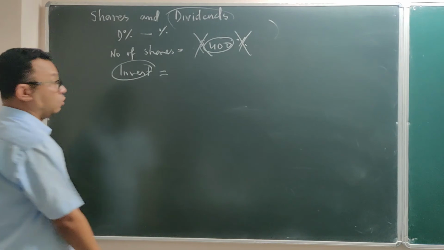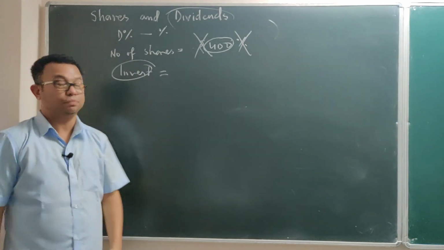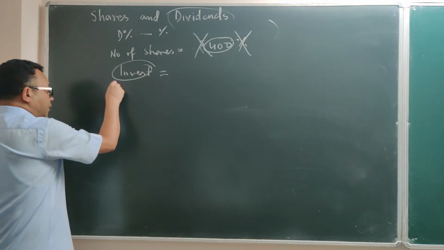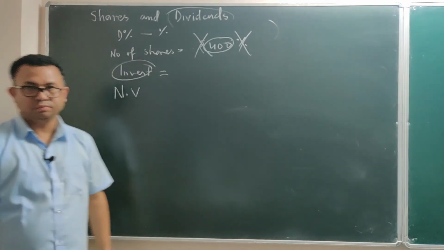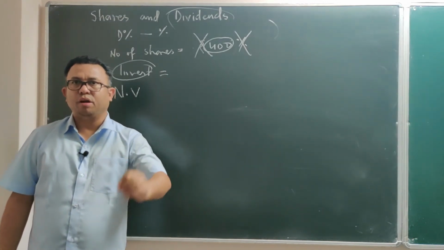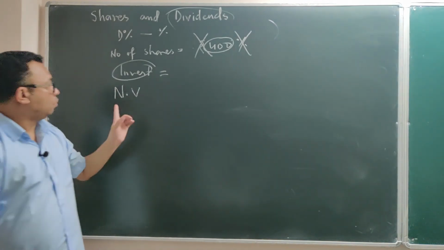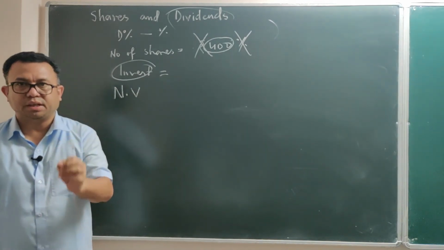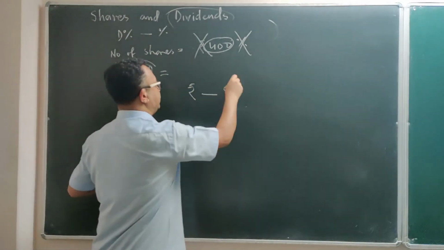Next, this is important too, because most of the time the problem is with this. Nominal value, or face value, or par value, as we discussed. If it is not written that a share of nominal value 100 or nominal value 20, then most of the time a nominal value will be recognized when it is written like this: rupees dash share.